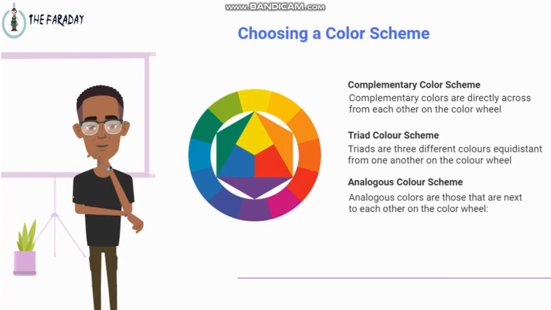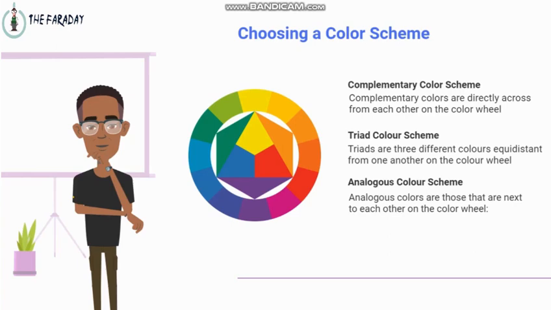So if we were to look at the color wheel, right in the middle we have yellow, and then right at the bottom we have purple. So these 2 colors would be considered as complementary colors. Next, we have triad color scheme. These are 3 different colors equidistant from one another on the color wheel.